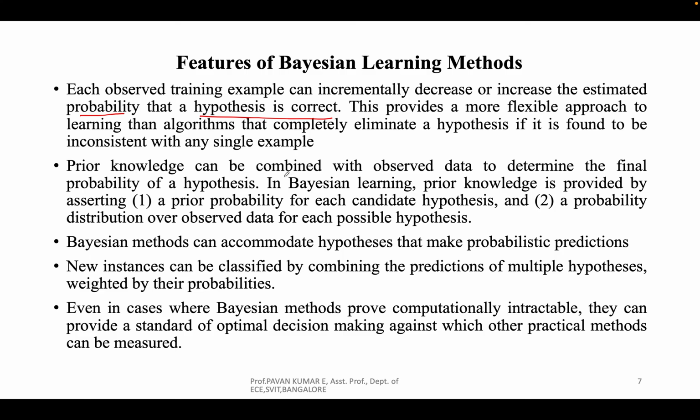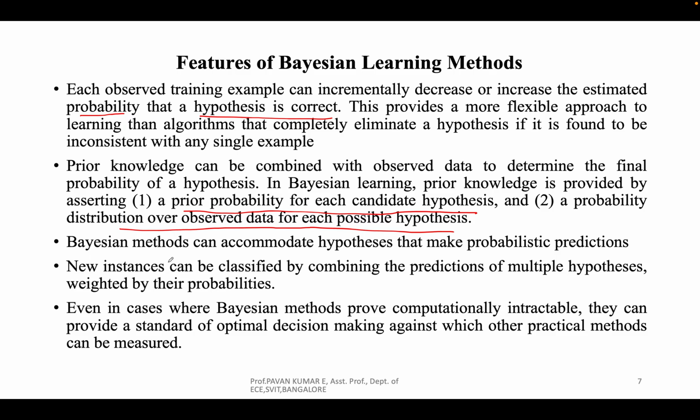You should have prior knowledge of these things. In Bayesian learning algorithms, prior knowledge is provided by asserting a prior probability for each candidate hypothesis, and a probability distribution over the observed data for each possible hypothesis.